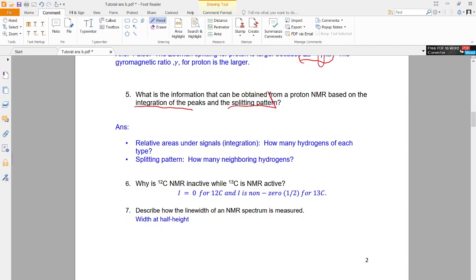The integration talks about the relative areas under the signals. So you have something like this for the integration. That's finding integration.